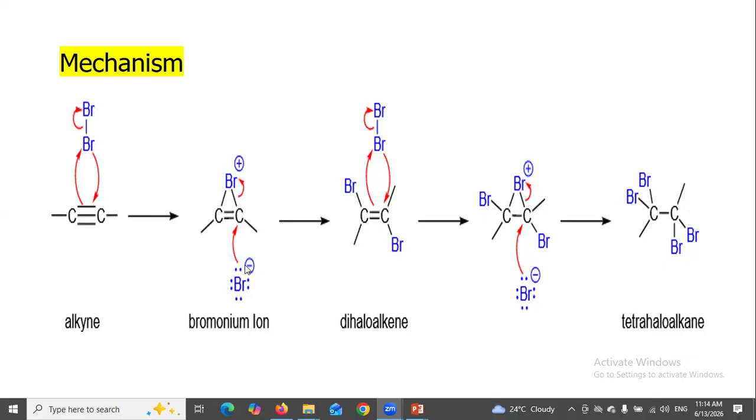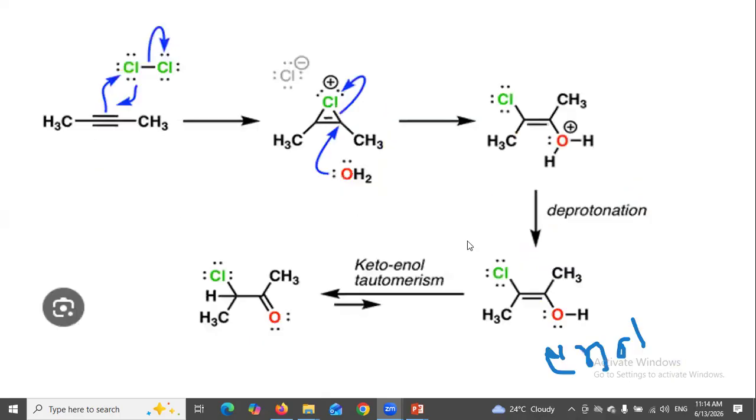Then the bromonium ion is attacked by the bromide ion, due to the negative charge and the positive charge. Again it forms a bromonium ion, which is again attacked by a bromide ion, and a tetrahaloalkane is produced.